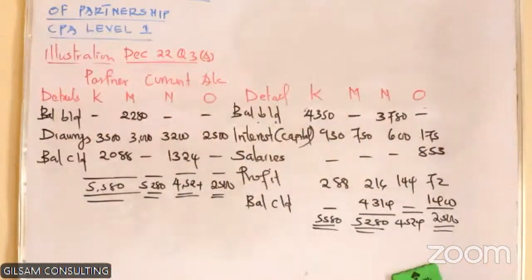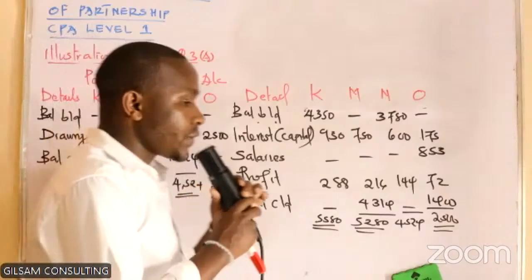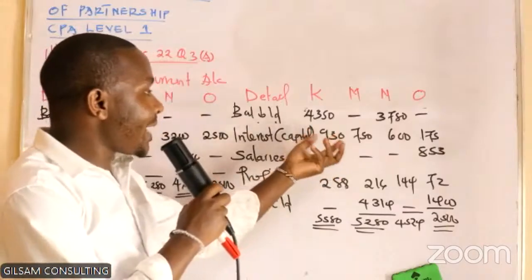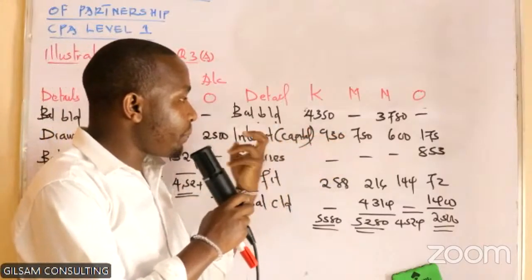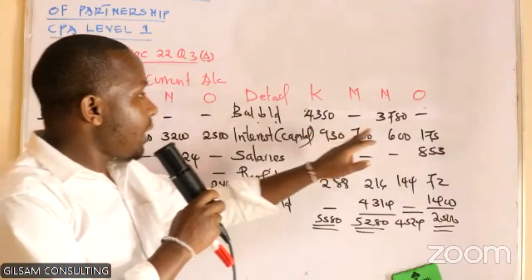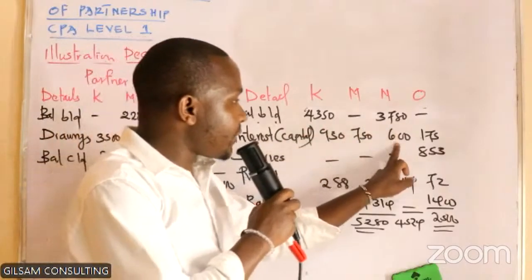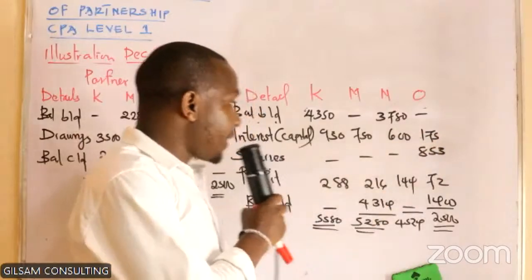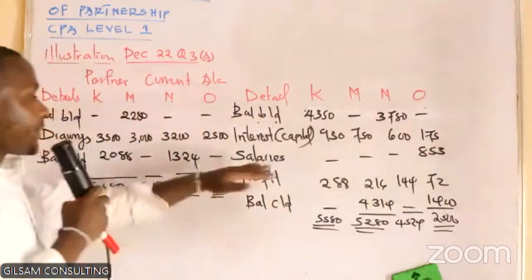And then we have the interest on capital, which we are getting from the appropriation account. You just copy 950 for Get, 750 for Mercy, 600 for Nixon, and 175 for Oliver. Then we have the salaries.